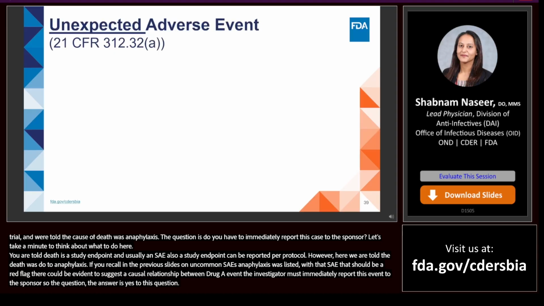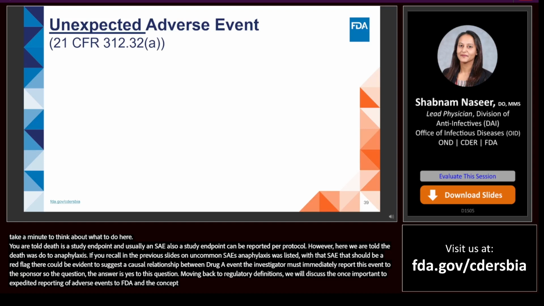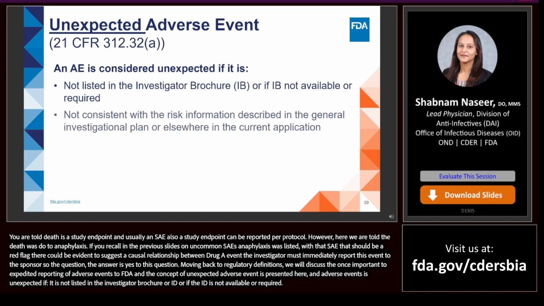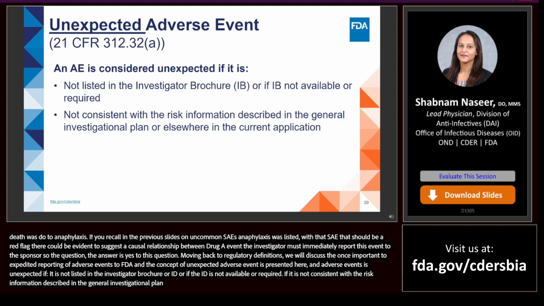All right, so moving back to some regulatory definitions, we'll discuss the ones important to expedited reporting of adverse events to FDA. And the concept of unexpected adverse event is presented here. An adverse event is deemed unexpected if it's not listed in the investigator brochure or IB, or if the IB is not available or required, if it's not consistent with the risk information described in the General Investigational Plan or elsewhere in the current application.